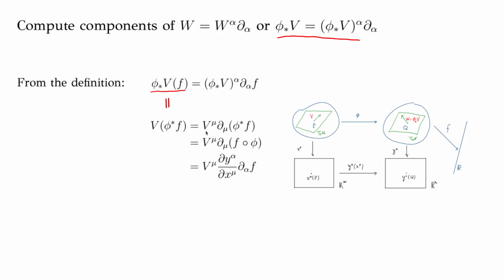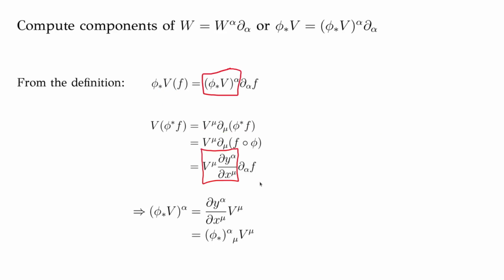So this is nothing but this expression here, and we have computed this to be equal to this. So by comparing the two expressions here, we see that the components of the pushed forward vector v is given by this expression here.